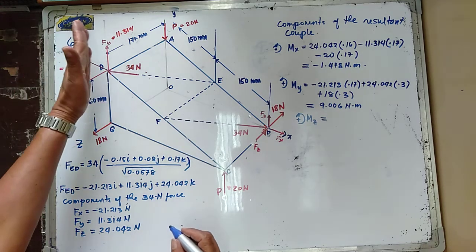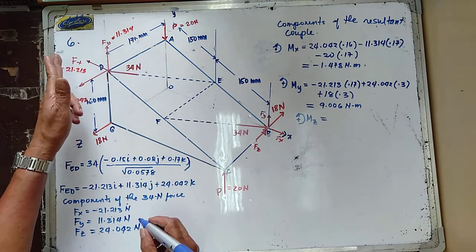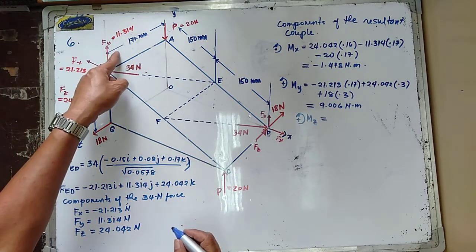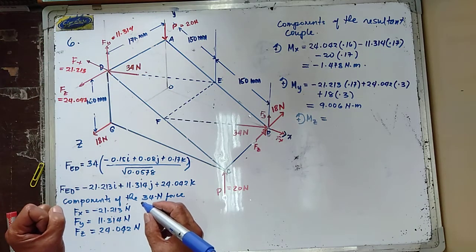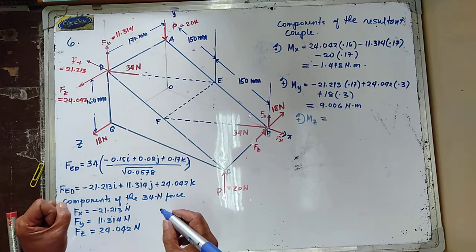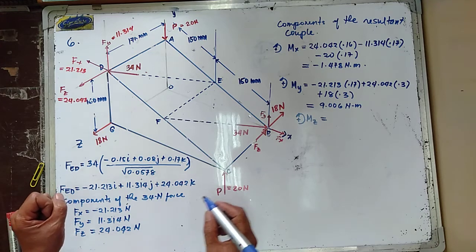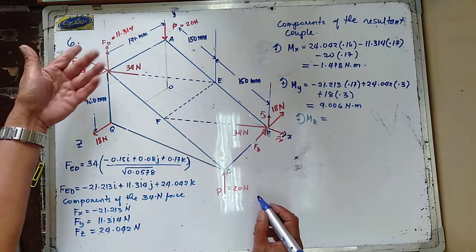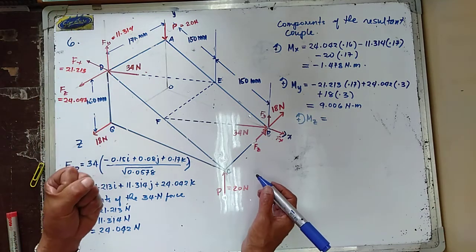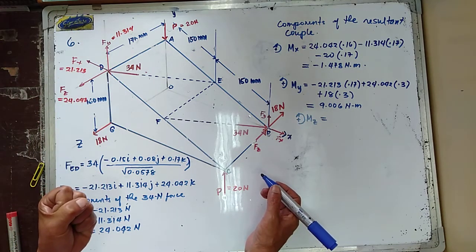Let's start with this part in here. We have 11.314, and we're going to have moment about the z-axis.